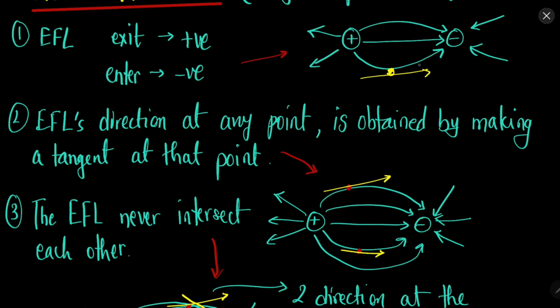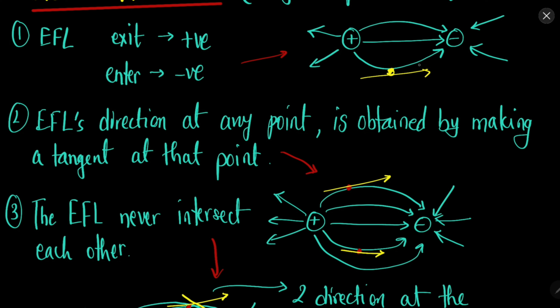Now the electric field lines can never intersect each other. Why? Because let's say if the electric field lines intersect with each other, then at the same point there can be two tangents. One tangent is here, one tangent is here. So at the same point there can be two directions. How is it possible?